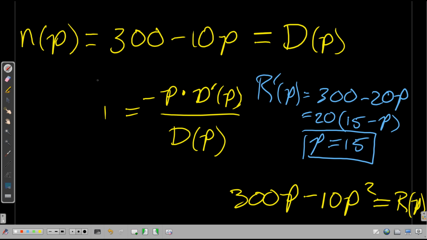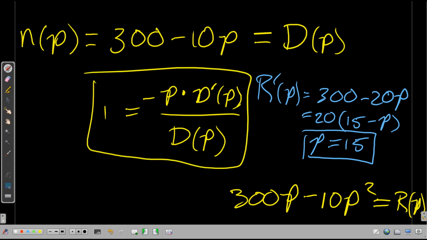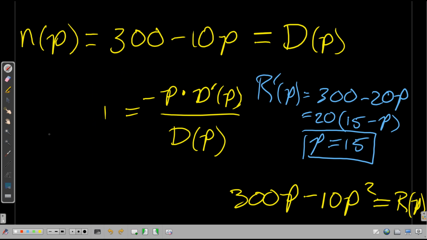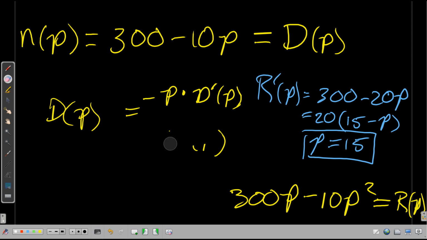But looking at this elasticity of demand function and insisting that it equal 1, well, let's multiply on both sides by this d of p. Well, then if I did that, I would have my d of p times 1 over here, and then the other side would just say that.